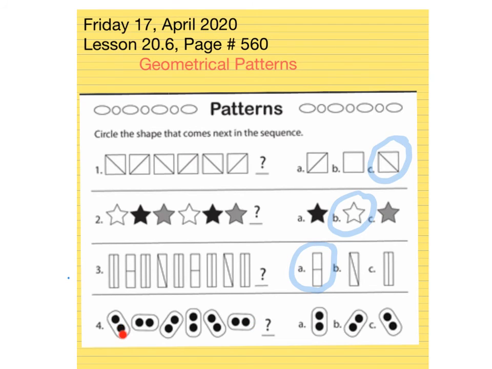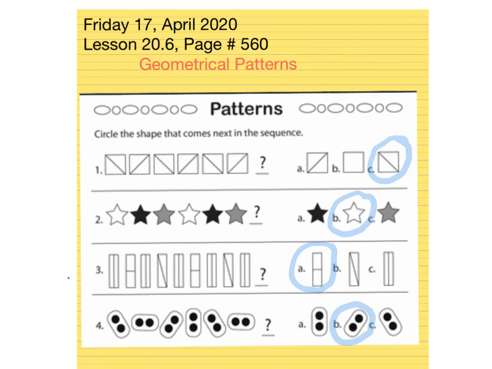So if you see, here we have 2 with the same, and then here we have 2 with the same. The number 4 in the pattern is missing, but we're looking for the number 3. So what will the number 3 be? Obviously here, right? So with this we can analyze that the next shape in the pattern is B.